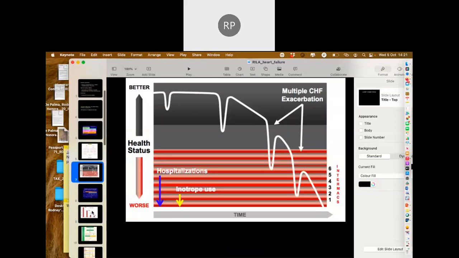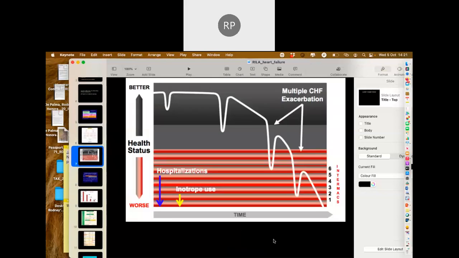This slide is really meant to illustrate the clinical paradigm or the clinical time course of heart failure and what tends to happen to health status. It's a chronic disease. It's an archetypal chronic disease in the same way that COPD is, I guess.